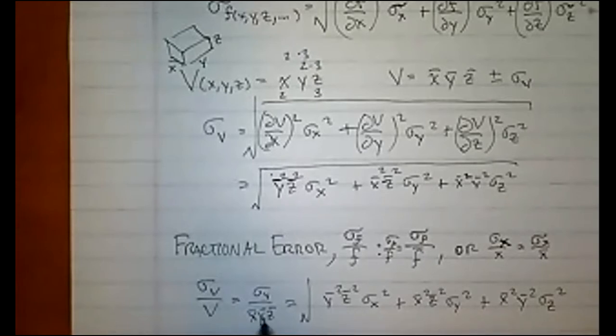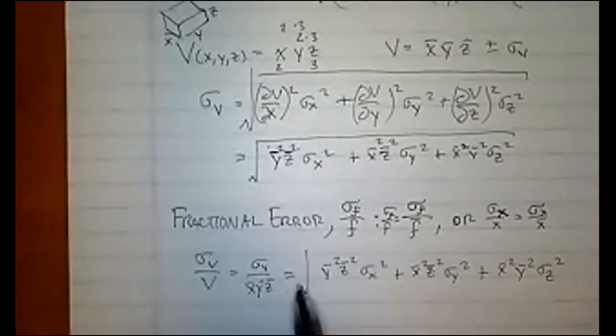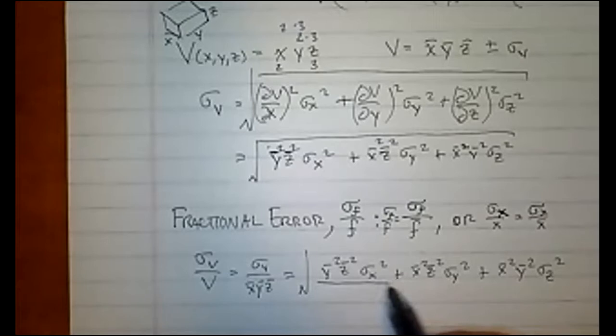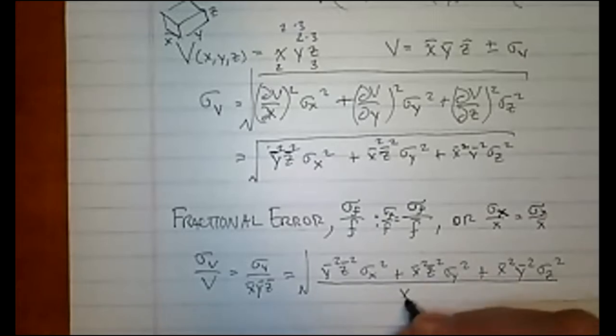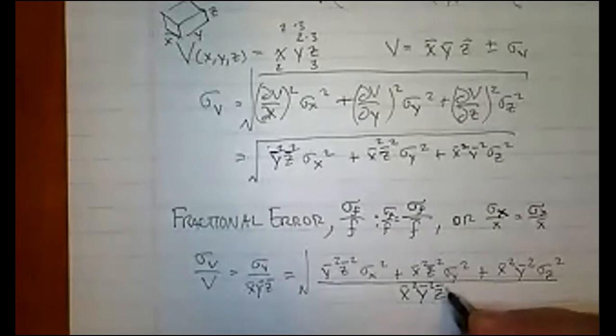And I'm going to divide it by x bar, y bar, z bar. But I really want it under the square root. So the way I put x bar, y bar, z bar under the square root is I square it, because when you square it and then take the square root, you get exactly what you had before. So I'll put all this over x bar, y bar, z bar, but since I put it under the square root, each of those is squared.